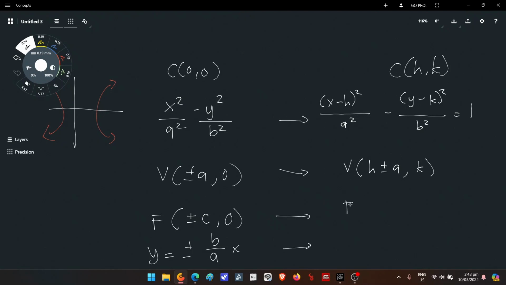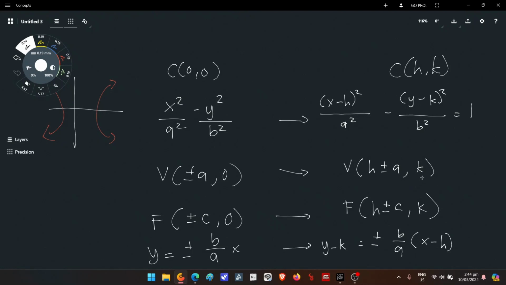And the same goes for the foci. So it's going to be h positive negative c, comma k. As for the asymptotes, the formula is y minus k is equal to positive negative b over a, and then x minus h.